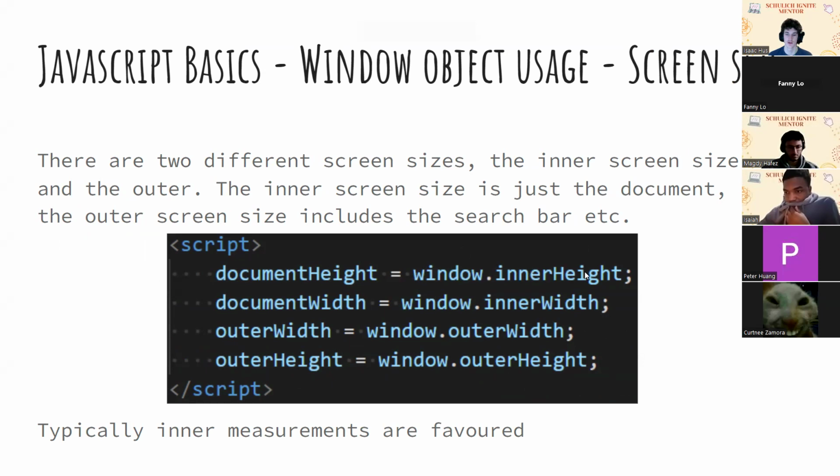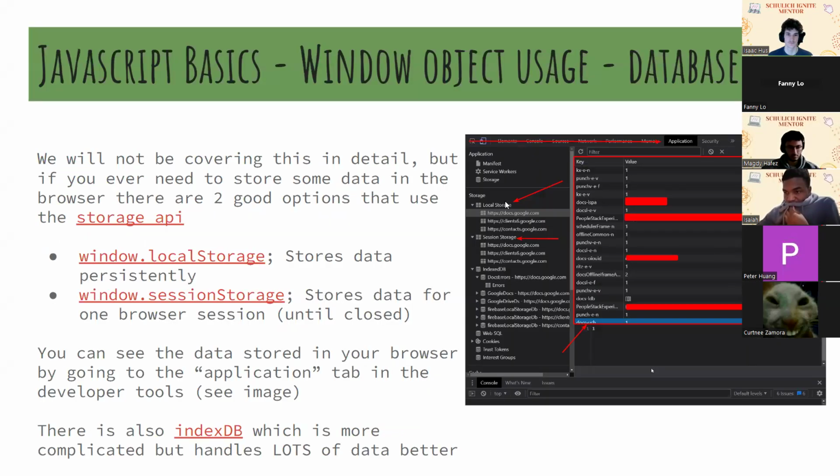So here we see window inner height equals document height, and we can extract information from the window object. And here's just some documentation about what you can use it for. Again, there's way too much stuff for anyone to know off the top of their head, and it's software, so it gets updated all the time. So these are things you just want to go to the documentation for.